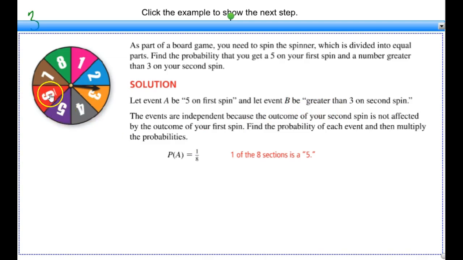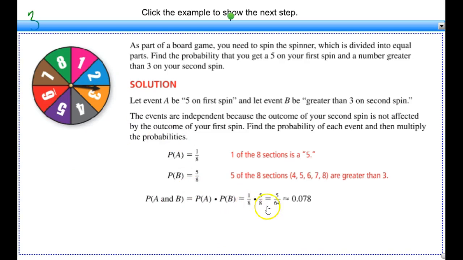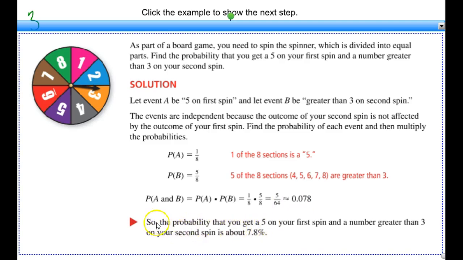That can be 4, 5, 6, 7, or 8, so that's 5 slices of my pie. So the probability of B is 5 over 8. To find the overall probability, I multiply those together and I end up with 5 over 64, approximately 0.078. So the probability that I get a 5 on my first spin and a number greater than 3 on my second spin is about 7.8%.